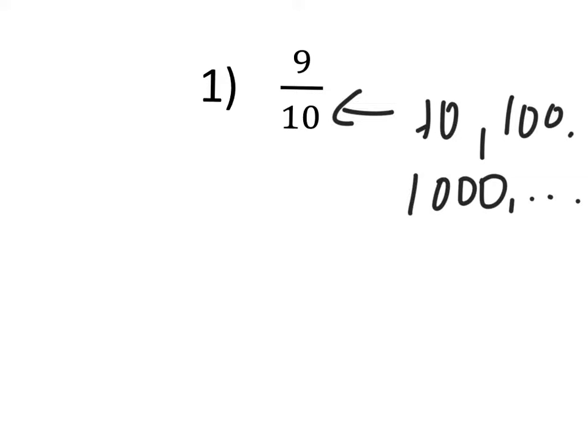We have our tenths, hundredths, thousandths. So if I can put them in that form, that's the route that I'm going to go, because that's going to be the easiest transition from a fraction or mixed number to a decimal.